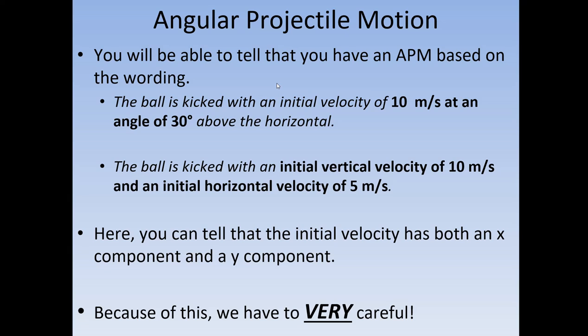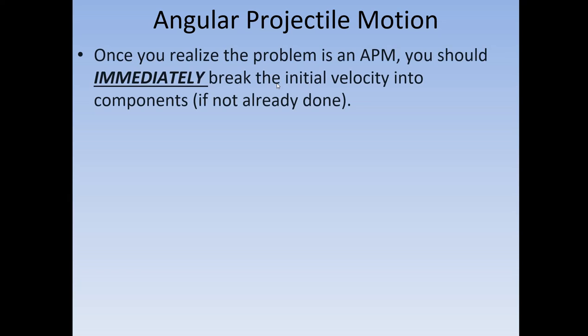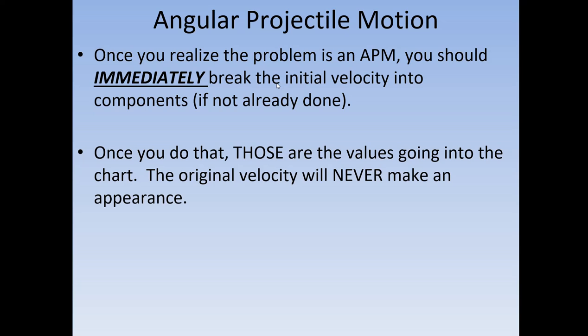Again, the main thing is that there's going to be an initial velocity in both the x and y direction. So if you're given an angle, the moment you see an angle, you have to immediately take that velocity and break it up into its components. Half the time, they're probably going to give you the components and you just put them straight in there.